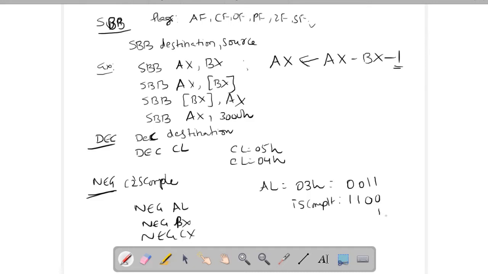Then we have to add 1 to the LSB. Now it is 1101. This is the 2's complement. 2's complement is nothing but 1's complement plus 1. In decimal, 8 plus 4 plus 1 is 13, but in 2's complement form, it is minus 3.